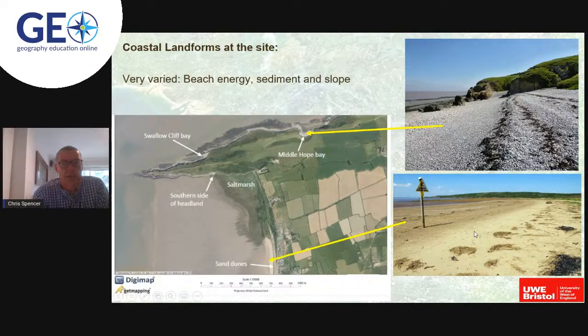Again, there are going to be controls behind that, influencing things like beach slope, why the beach is steeper on the gravels and more shallow on the sands. And how could we investigate that? I'm going to introduce some bits of data that my students at UE Bristol and also some students from a local college we work with have collected at this site to test these theories.